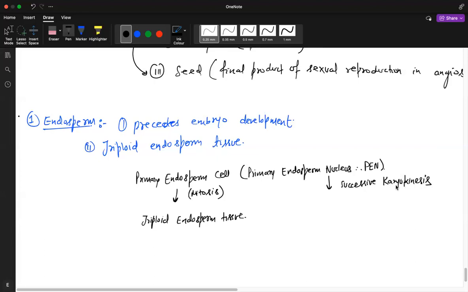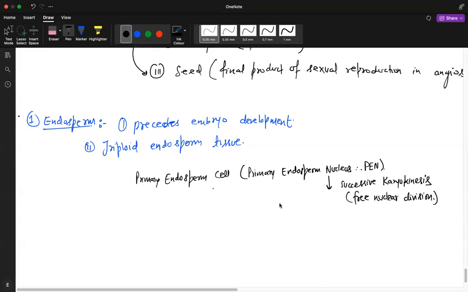Karyokinesis is just nuclear division. So this is also known as free nuclear division. Only the nucleus keeps dividing. Is it clear? At this stage, the endosperm is known as, so let me erase this thing here first.